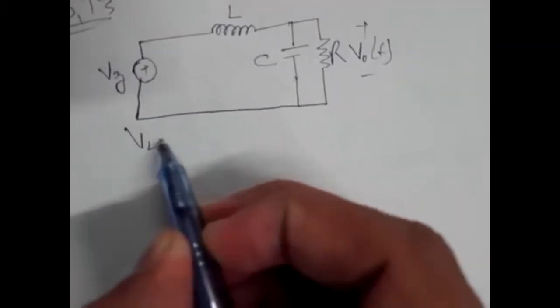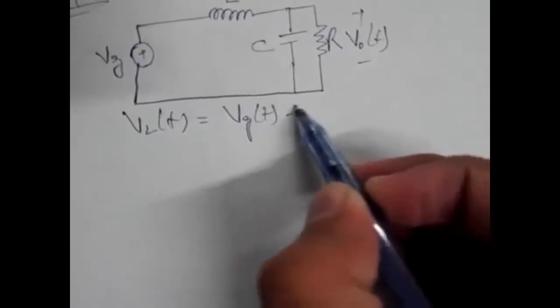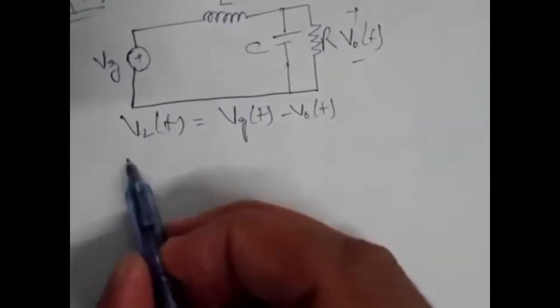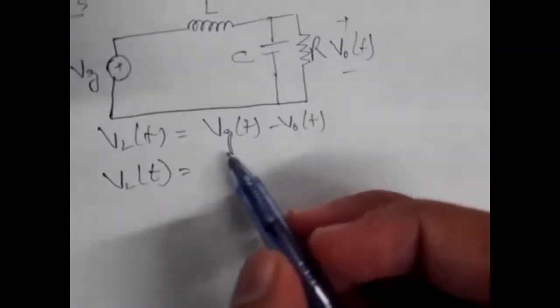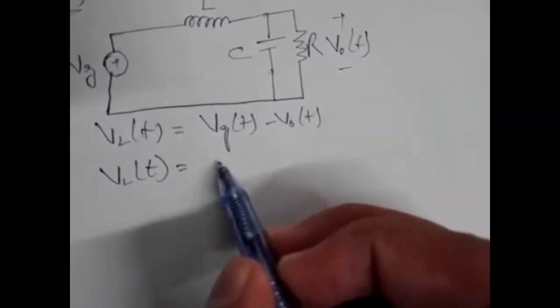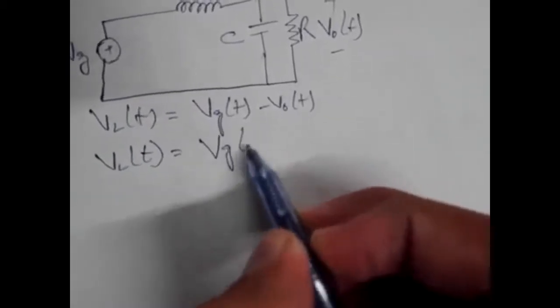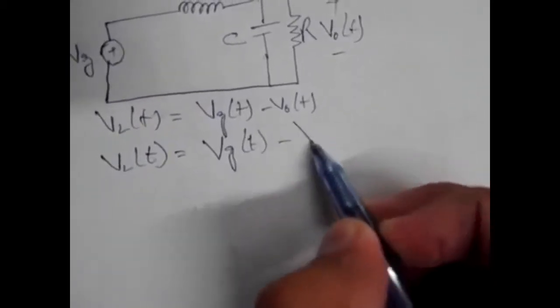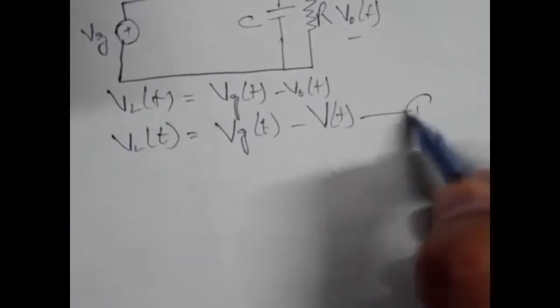So for this, vL(t) will be equal to vg(t) minus v0(t). After small ripple approximation, it will be equal to Vg minus V. This is equation 1.